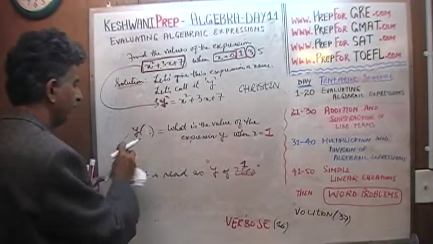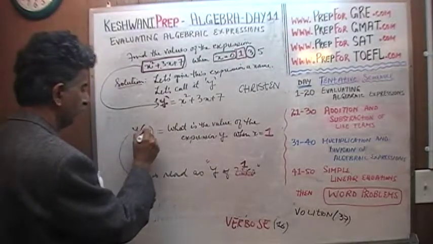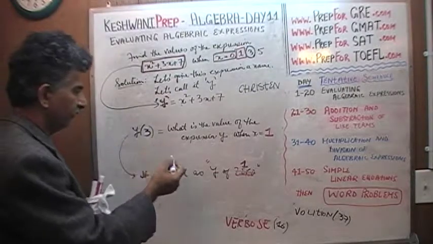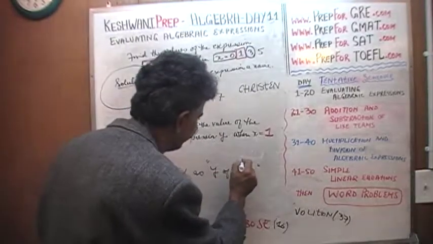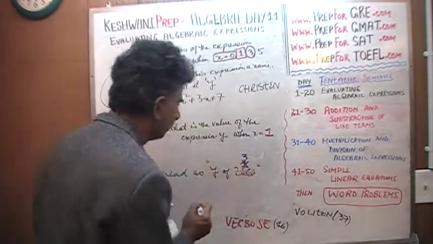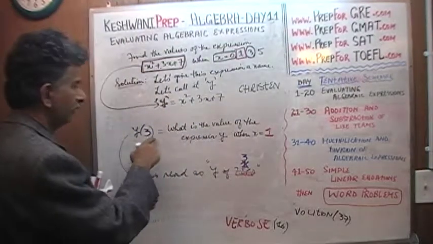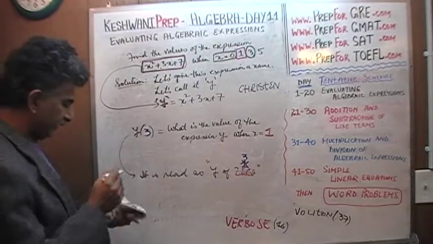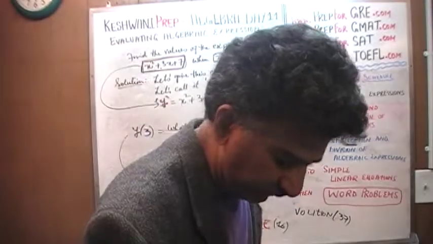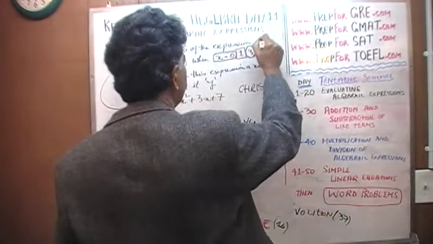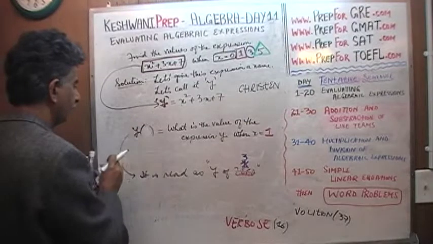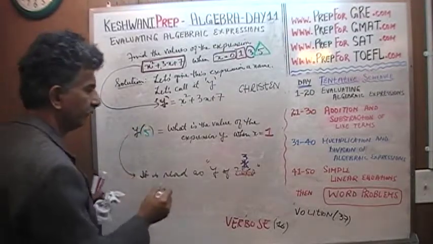Then after we finish finding y of 1, we'll find y of 3. Y of 3 means find the value of the expression y when x happens to be 3. And finally, we'll find y of 5. Right here.